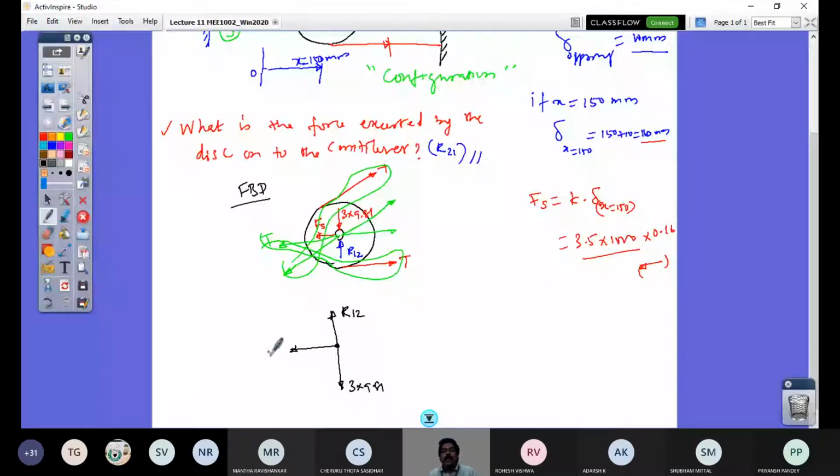Calculate this value. What is the value of the spring force? Can anyone find out and tell me? 560 Newton. How much does it come? 560 Newton. Yes, good. That comes out to be 560 Newton.